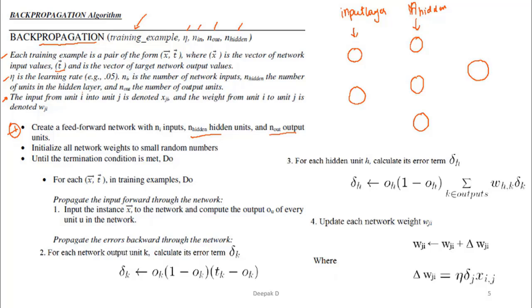Each and every node in the input layer is connected with the hidden layer nodes. You can see here, this is your input node 1 and this is your input node 2. Similarly, I2 is also connected to the hidden layer, and the nodes in the hidden layer are connected to the output layer neurons.